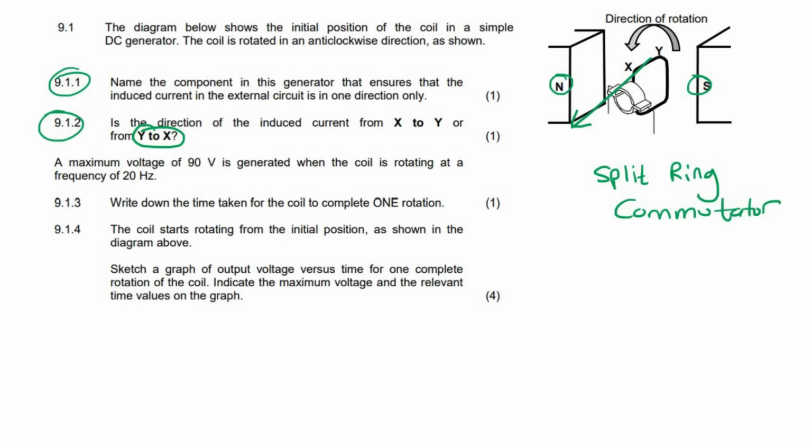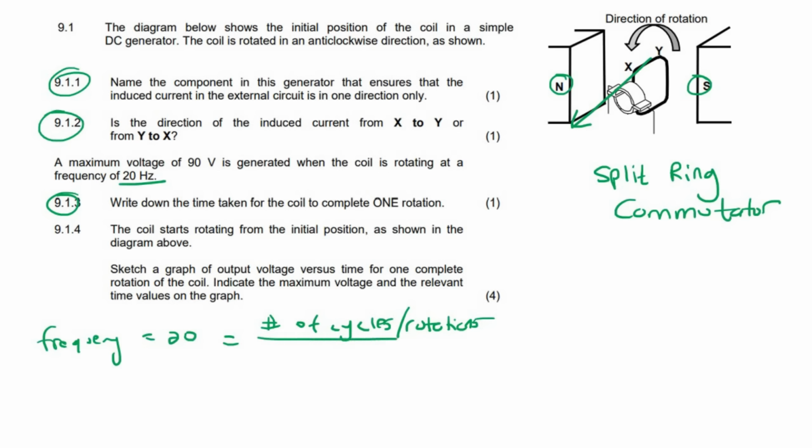This question says that a maximum voltage of 90 volts is generated when the coil is rotating at a frequency of 20 Hertz. Write down the time taken for the coil to complete one rotation. Okay, so we know that there is a frequency of 20. What does that mean? It means frequency is the number of cycles or rotations per second.